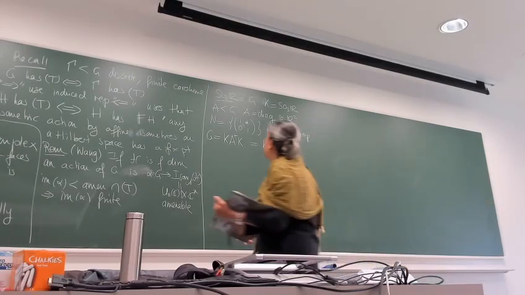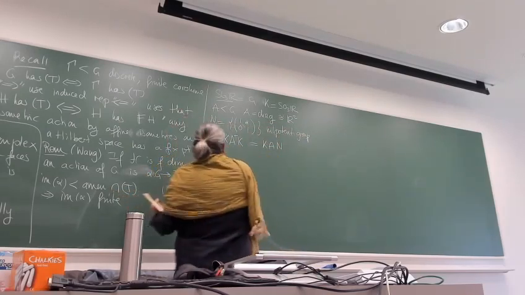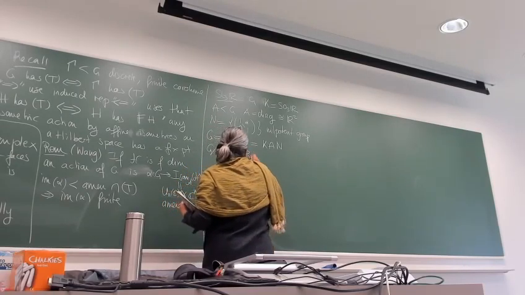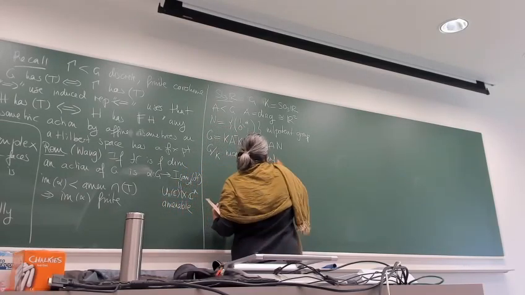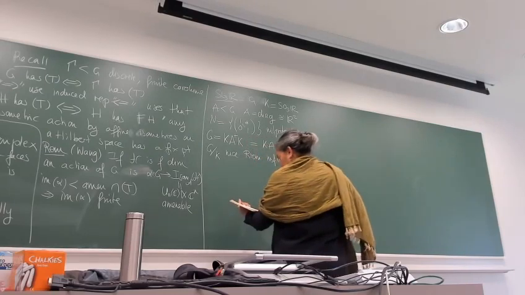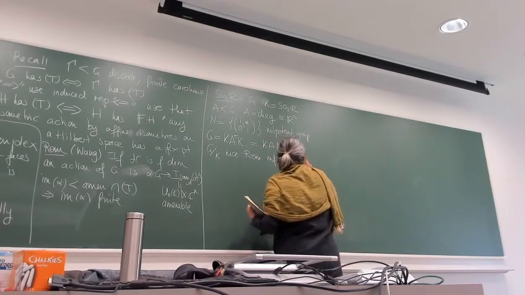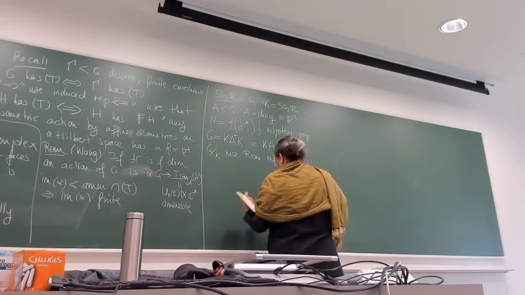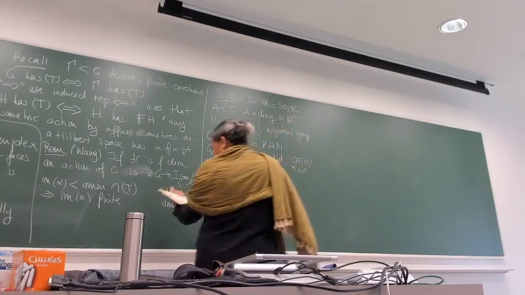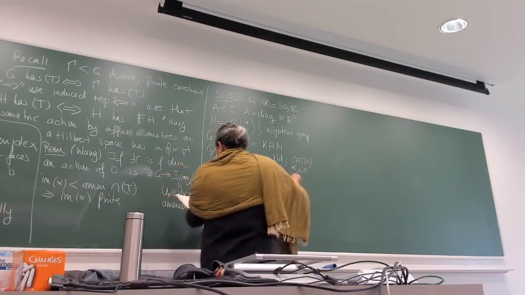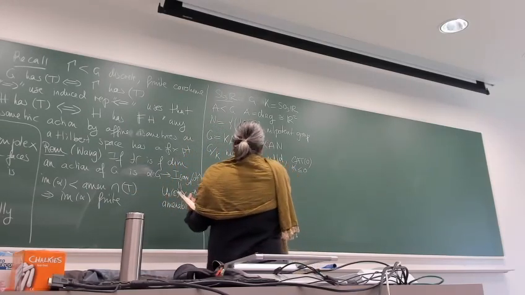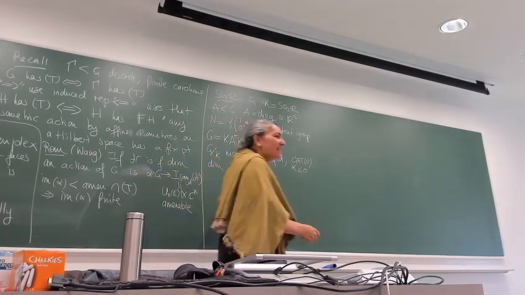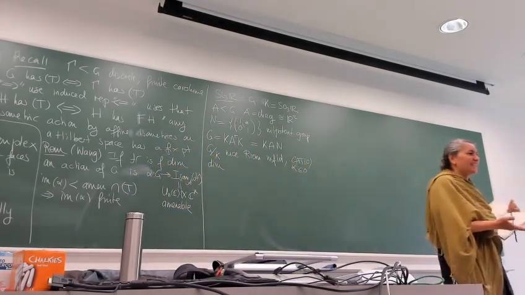And if you want to think, oh yeah, G mod K is a nice Riemannian manifold, and it's CAT(0), so non-positively curved, and it's not that easy to understand geometrically.